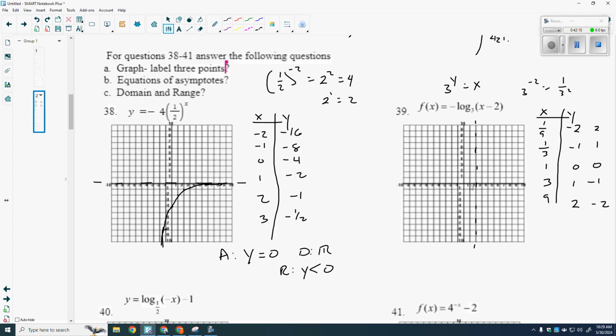That's totally fine. So I'm going to go by starting right here, over 1/9 up 2. So notice I am at 2 and 1/9 and up 2. Over 1/3 and up 1. Over 1 and up 0. Over 3, 1, 2, 3, and down 1. Over 9 and down 2. And my graph comes down along the asymptote, turns, and hits these points. I missed a couple, but you get the idea.